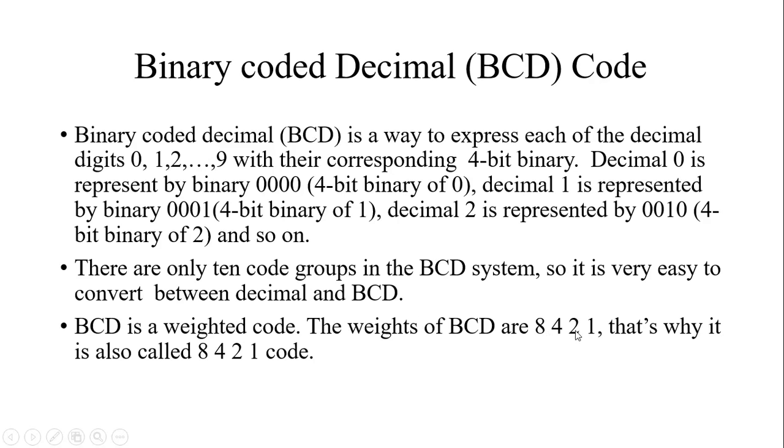The 8421 are the weights: this is the weight of the first bit, this is the weight of the second bit, this is the weight of the third bit, and this is the weight of the 4th bit. So the BCD which represents digits 0 to 9 is also called 8421 code.